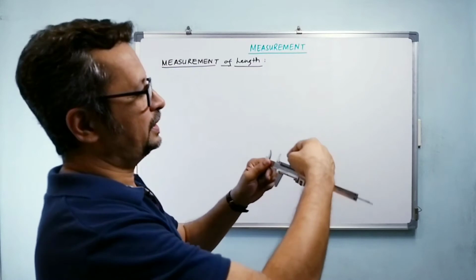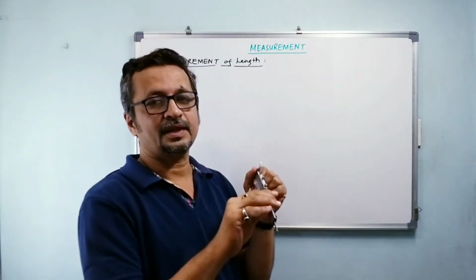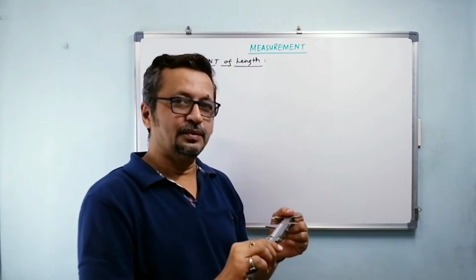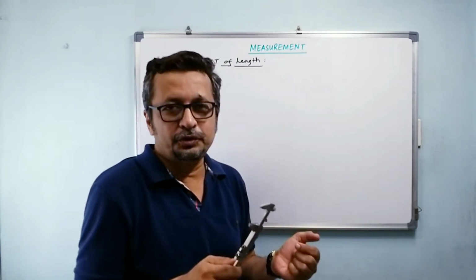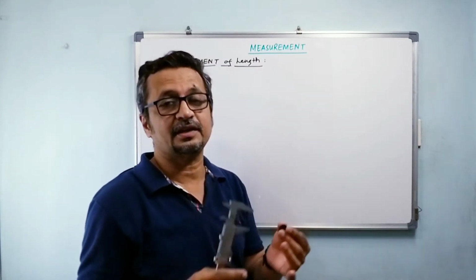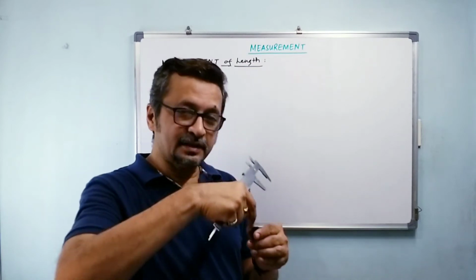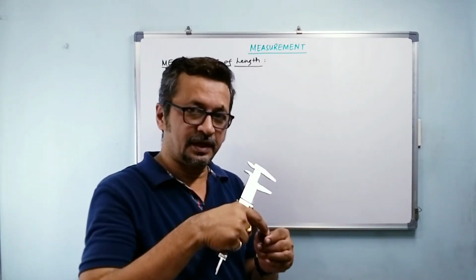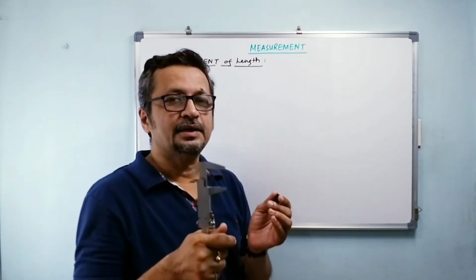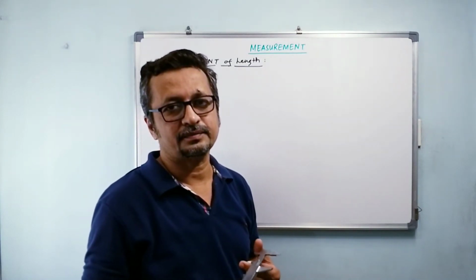And now again I'll tighten this and measure this. Okay, now I have told you about the ways in which different measurements can be taken: the outer diameter, the inner diameter, the length, and the depth of this. Okay, how do we actually measure it? How do we calculate the exact value?